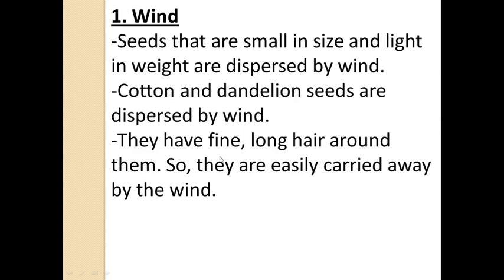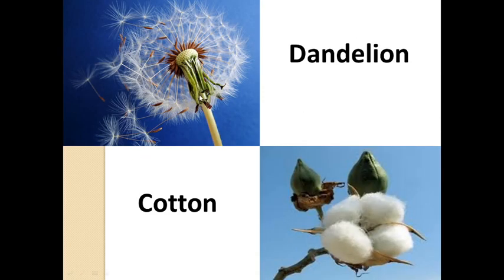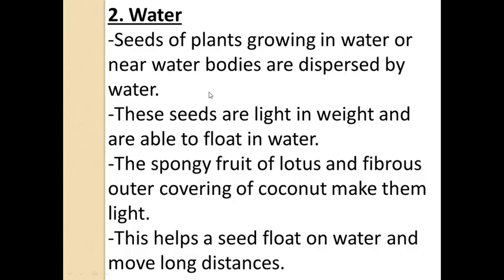They have fine long hair around them, so they are easily carried away by the wind. You can see here the dandelion plant and the cotton plant. You have to keep the examples in mind, and learn the examples and the definitions.